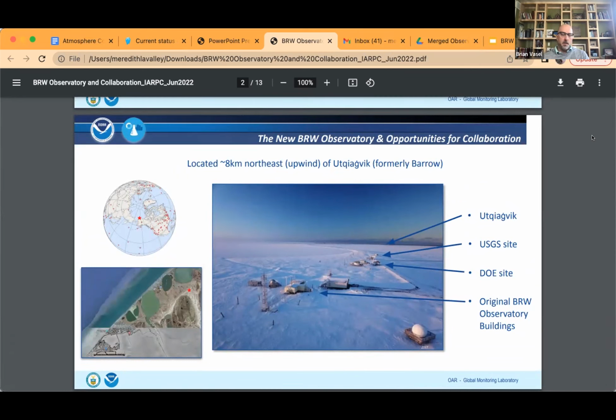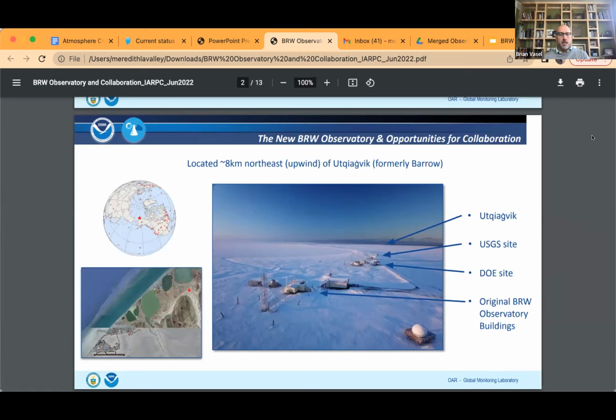And it's really an amazing partnership that NOAA, USGS, and DOE have formed over the last multiple decades. We've been on site since the early 70s, along with USGS. Each agency has about a 100-acre parcel of land. And as Andrew said, DOE's been there right on our property line, where the NOAA parcel and the USGS parcel come together, for the last 25 years.